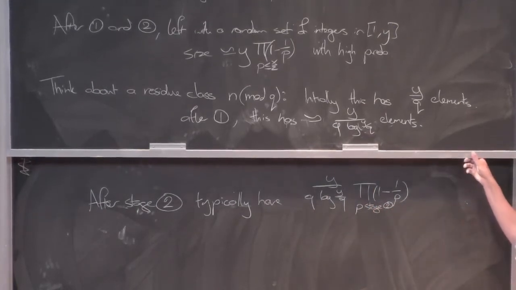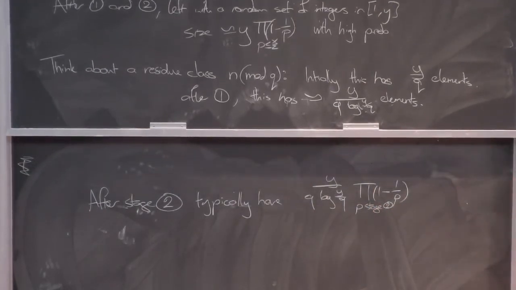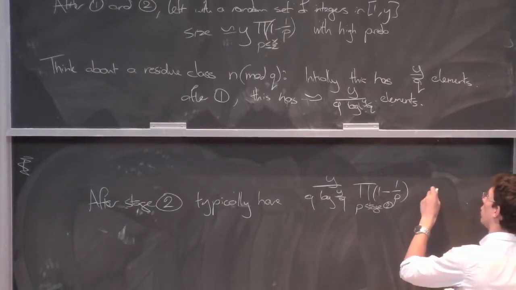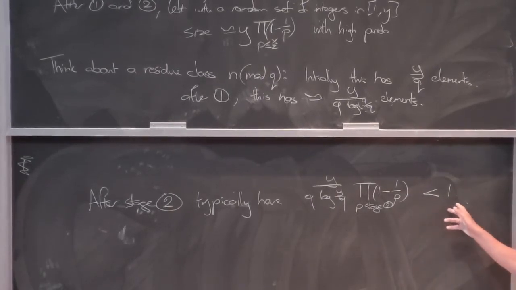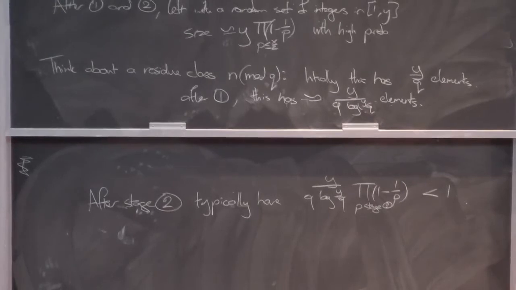But at least when z is pretty small, and y is pretty close to x, it turns out that this is actually less than 1. And so typically you're not having any elements surviving in any of the residue classes.